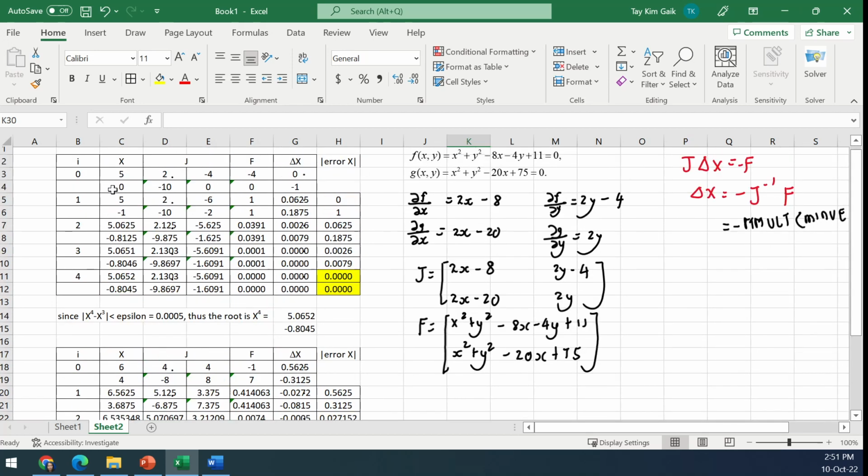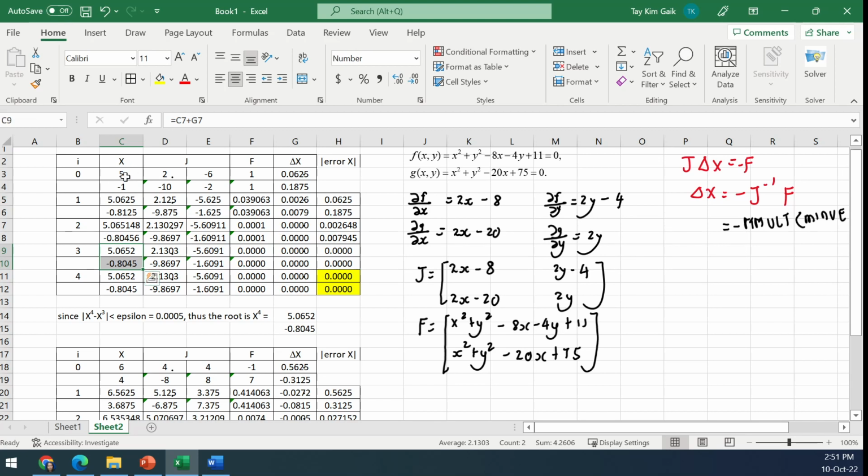Just now I said you may put, let's say, x0 equal to negative 1. If you put negative 1 and use the criteria modulus of x, you can stop at i equal to 3.